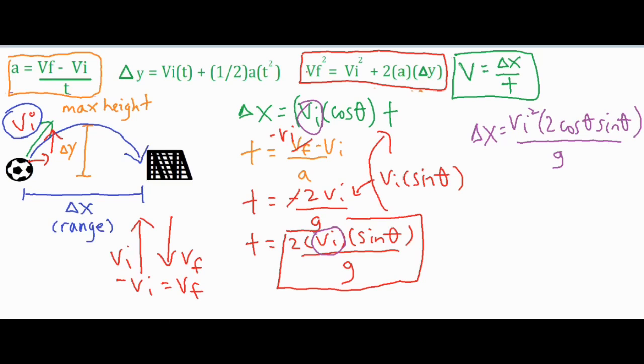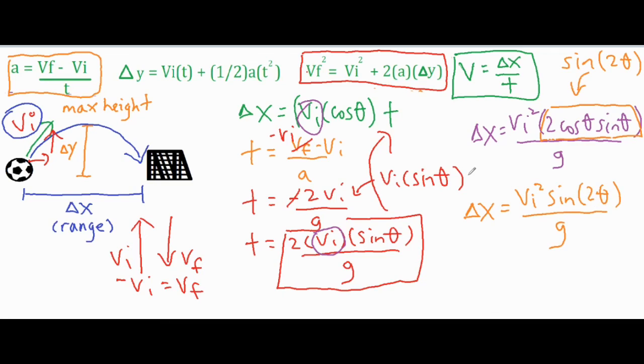Now, there is a trig identity that you can apply in this case, where 2 cosine theta sine theta is equivalent to sine of 2 theta. So if you use that trig identity, you can swap in sine of 2 theta, and then your final expression is delta x equals the initial velocity squared times the sine of 2 theta, all over g.